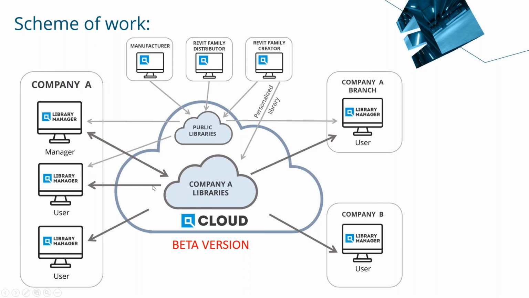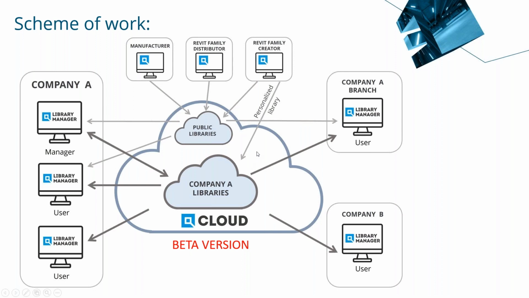So if there is a company working, they will be able to have their company workspace and through there share access to different users inside of the company, as well as connect maybe some freelancers or additional companies to their libraries and share specific libraries with the specific people.